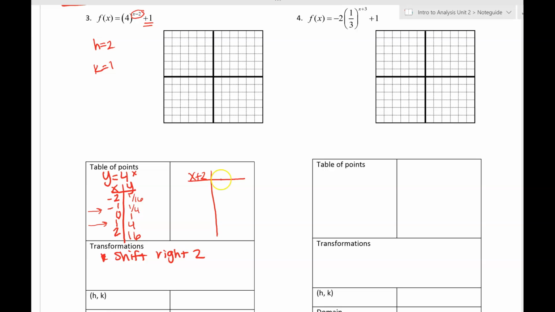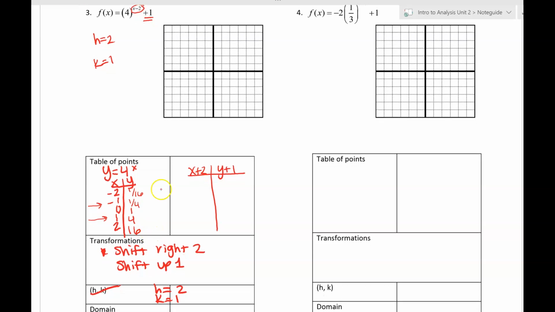And then to shift up 1 because we have that k value of 1. So shift up 1. And we also just found our h and our k. So I'm going to list those now too. So h is 2, k is 1. I'm also not going to forget my asymptote. I keep forgetting to write it originally, but it would be good if we have that here because we can just transform it in our chart.